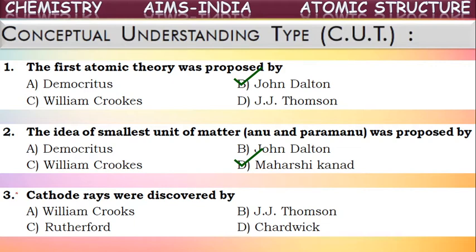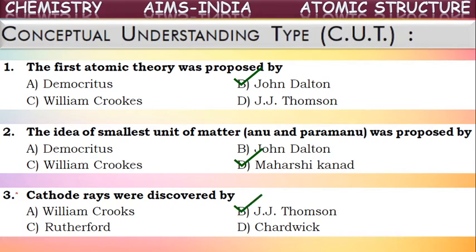He was the scientist who experimented on these cathode rays and gave the complete description of their properties, like what the charge of those particles is, how they travel, what their mass is, and how they are deviated in the presence of electric and magnetic fields. So the discovery credit of these cathode rays is given to J.J. Thomson.